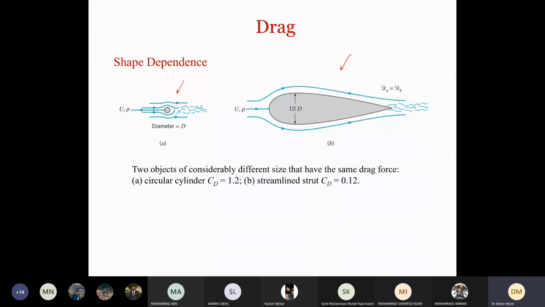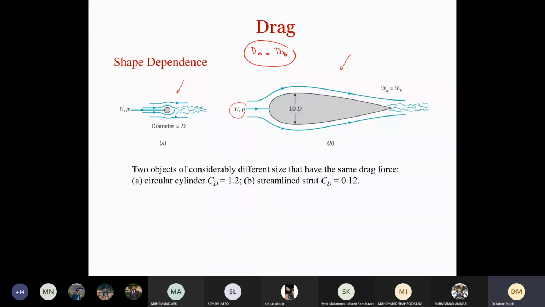In this case, the incoming flow is U, rho, and it is possible that the drag force for both these cases, dA for this one, is the same as dB for this one. How is it possible? Any idea?